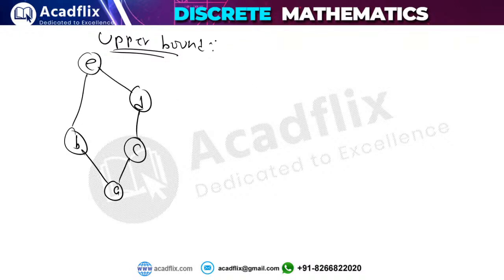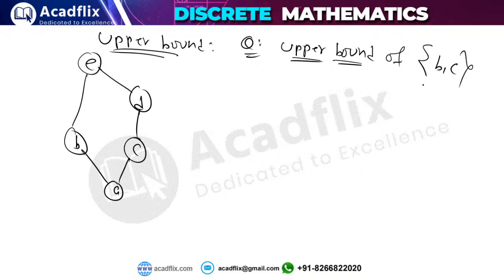Now for this Hasse diagram, my question is: what is the upper bound of the set B, C? Let's see the concept of upper bound.